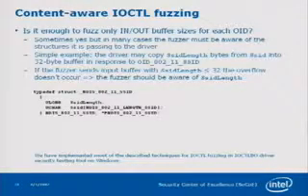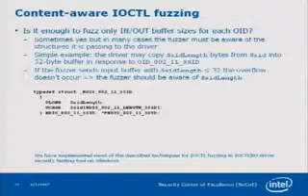Sometimes it is enough, but in many cases the fuzzer must be aware of the structures it is passing to the driver. Simple example: the driver may copy SSID length bytes from the SSID into a 32-byte long buffer in response to the OID 802.11 SSID object identifier. If the fuzzer sends an input buffer with an SSID length less than or equal to 32, then the overflow doesn't occur.